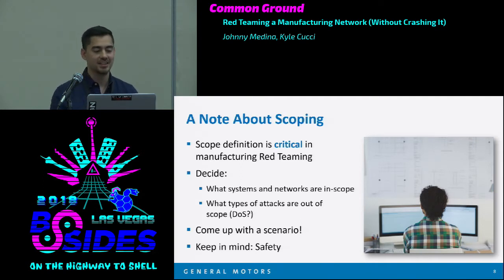You want to come up with a scenario, and most importantly, you want to keep safety in mind. Unlike other networks you may be penetration testing or red teaming, these can have real physical effects in the real world. That robot or that machine may do something physically, and in a manufacturing environment there's a lot going on, a lot of moving pieces, a lot of things moving, and you want to be careful and keep safety in mind.